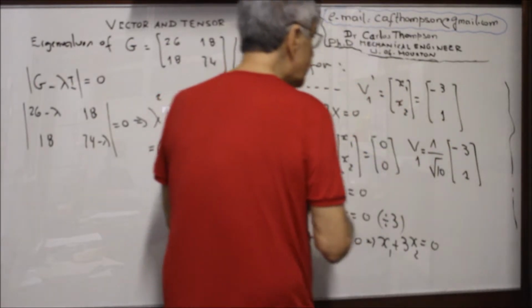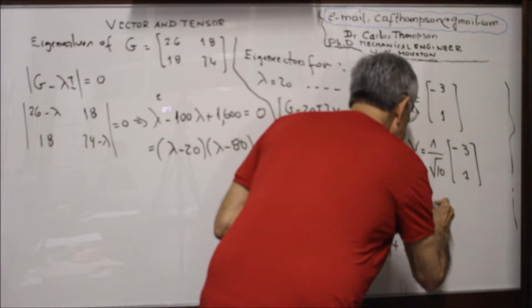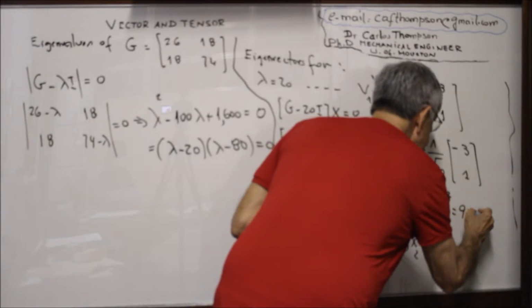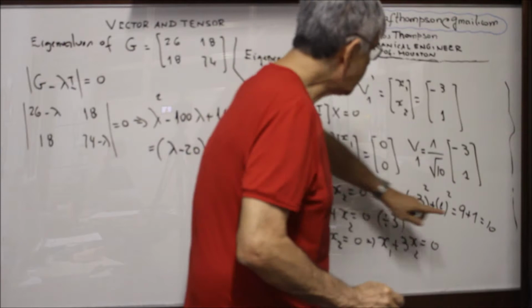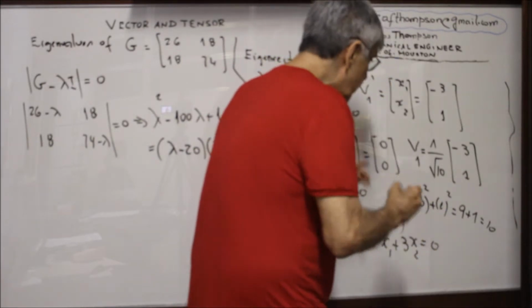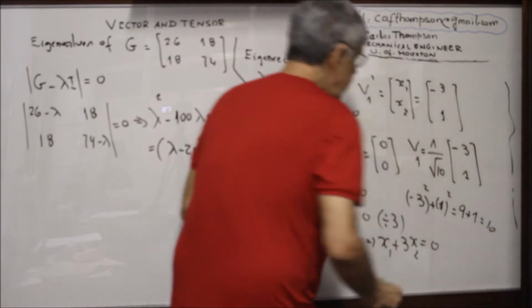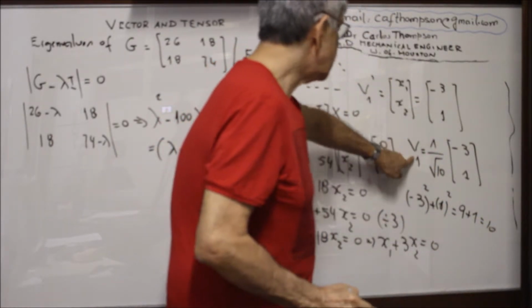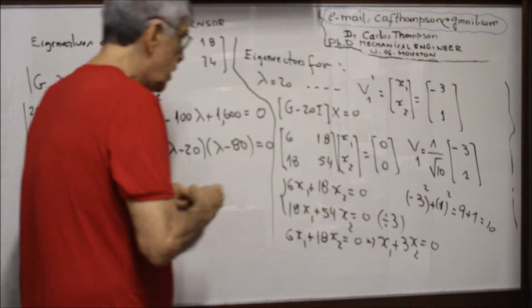You observe that minus 3 squared plus 1 squared will be 9 plus 1, which is equal to 10. That's why you have to divide by the magnitude, which is the square root of 10. So this is a unit eigenvector.